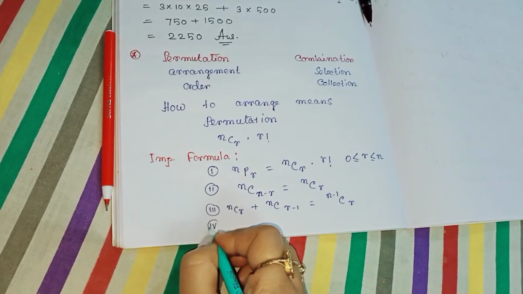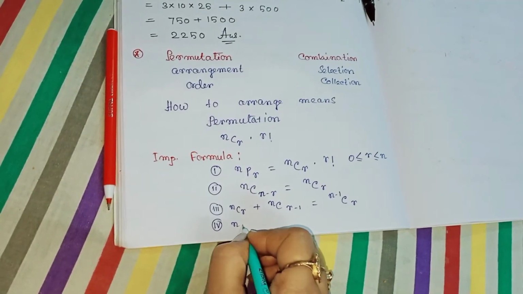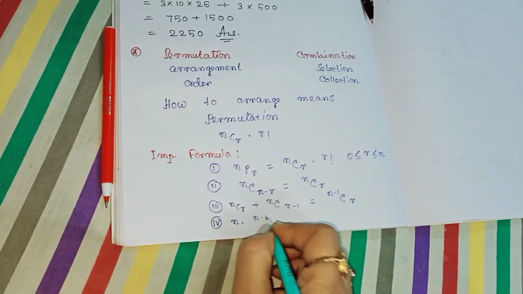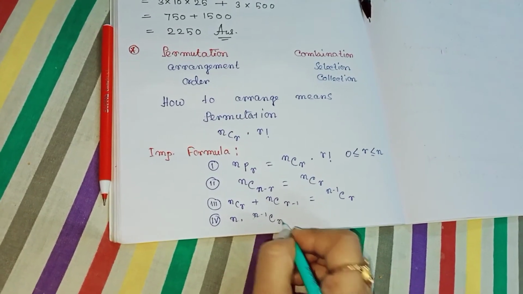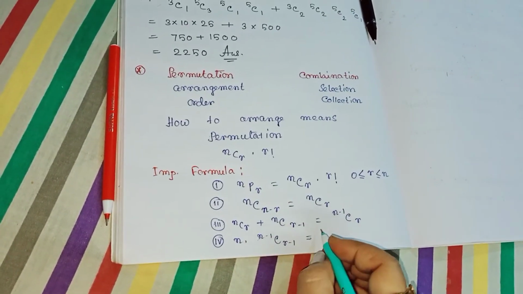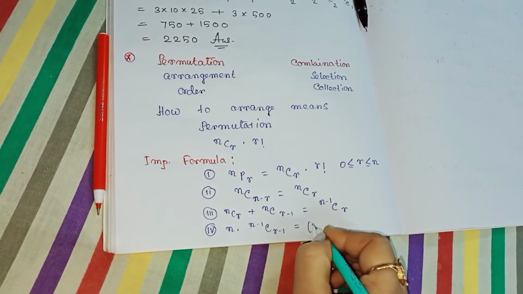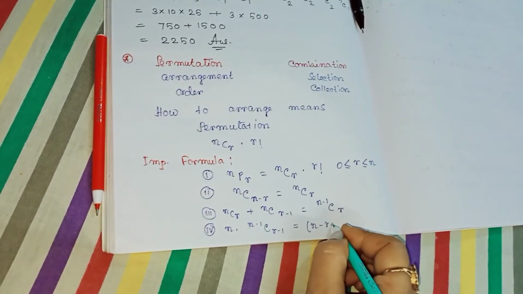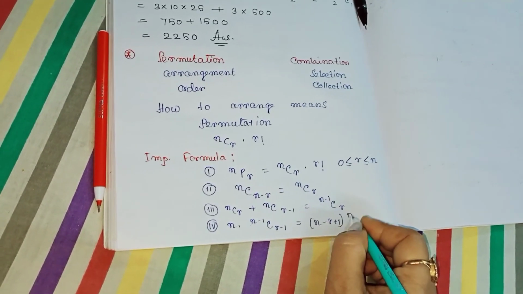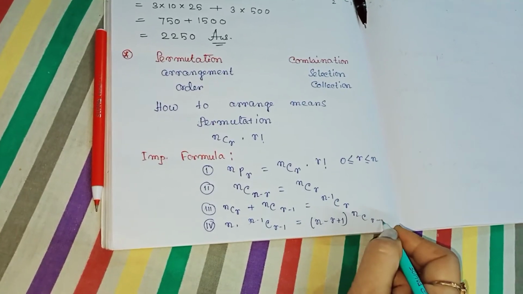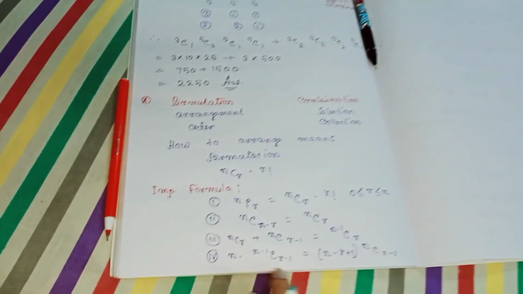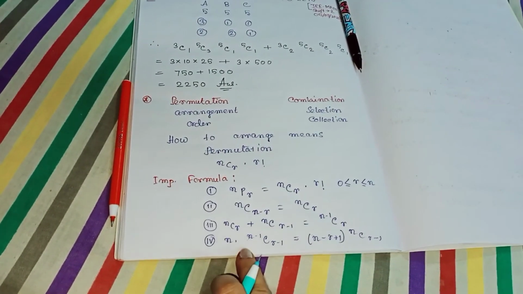Formula number 4, N into (N minus 1)C(R minus 1) is equal to (N minus R plus 1) into NC(R minus 1). How can I prove these?